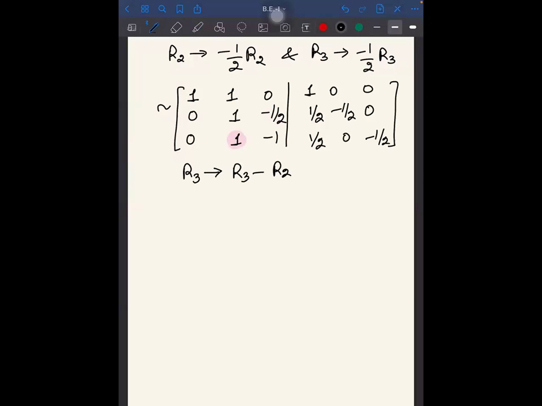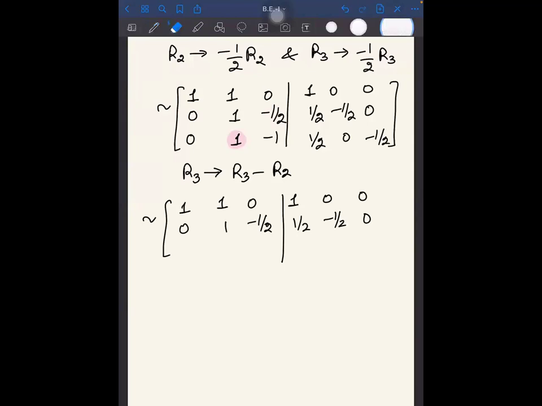So you are left with, of course, your first two rows the same, and your third row will look like 0 0 minus half, minus 1 plus half, so that is minus half, half, minus half, 0. Here you'll get plus half, here it will still remain minus half. Are you with me on this?